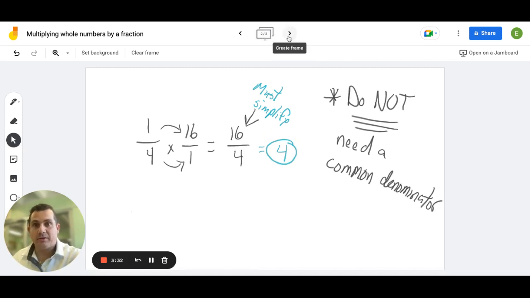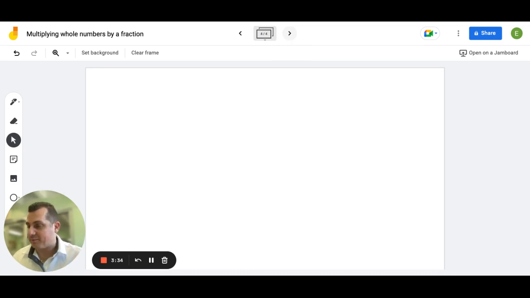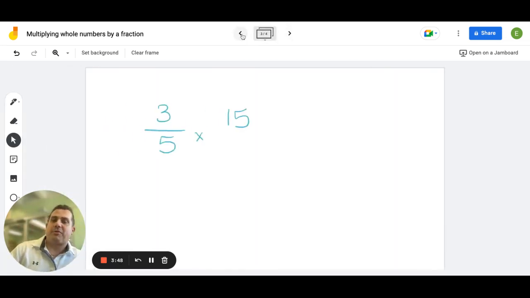Now, let's go to the next one. What if we have 3/5 times, and it's just 15? Okay? So if we have 3/5 times 15, well, here you notice, I multiply straight across, but the 15 does not have a denominator.